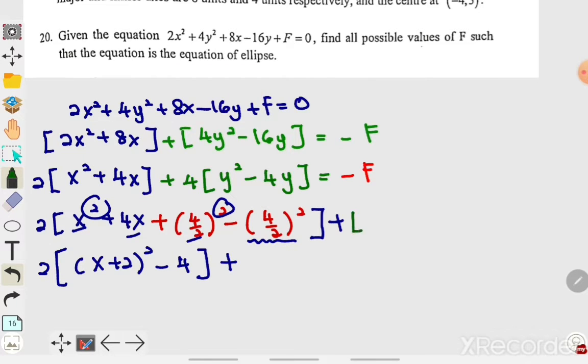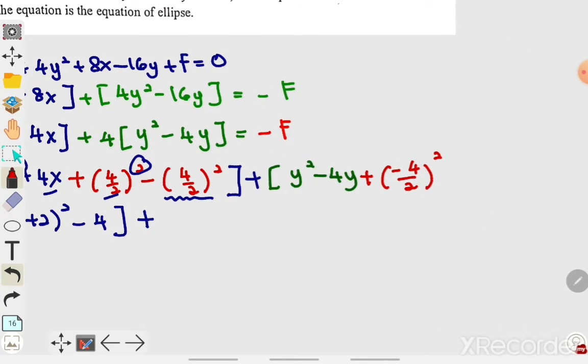So you have y squared minus 4y, followed by plus negative 4 divided by 2, minus negative 4 divided by 2 to the power 2. Next, we close the bracket here, equals negative f.